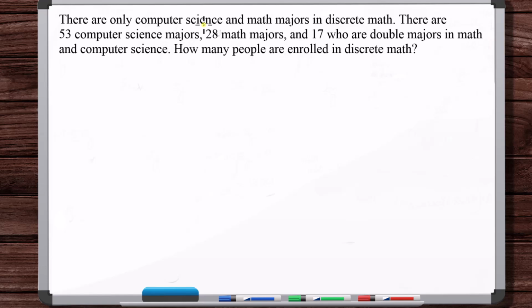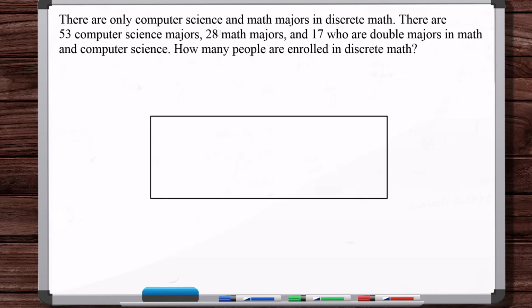There are only computer science and math majors in discrete math. There are 53 computer science majors, 28 math majors, and 17 who are double majors in math and computer science. How many people are enrolled in discrete math? The total system is everyone enrolled in discrete math, and they're saying there are only computer science and pure mathematics majors in the class.